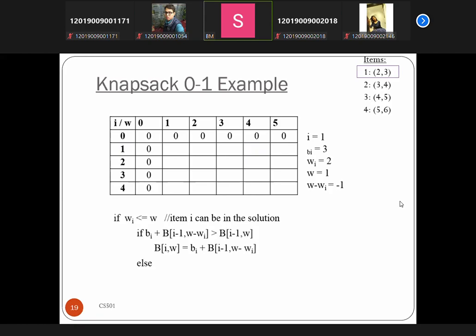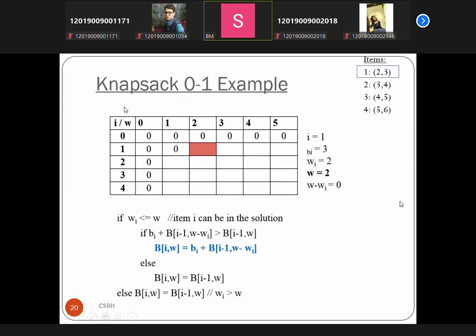It's 0 definitely, but I can put it here because that is matching. Now, this is the way I have discussed. If you want to do it with the formula, you calculate it in this way.